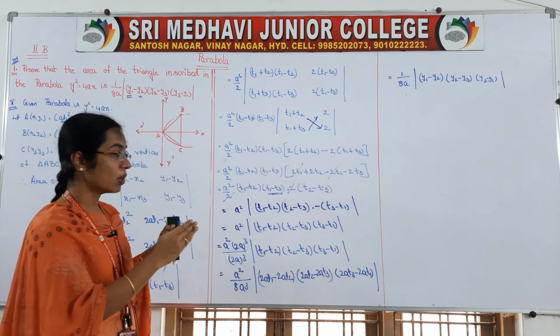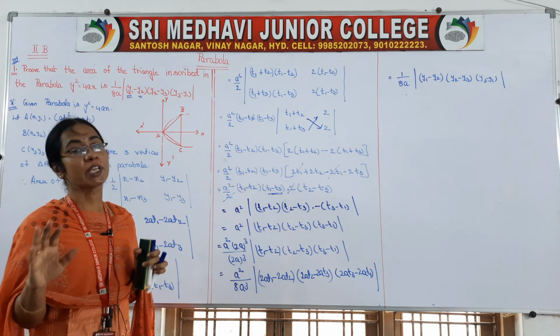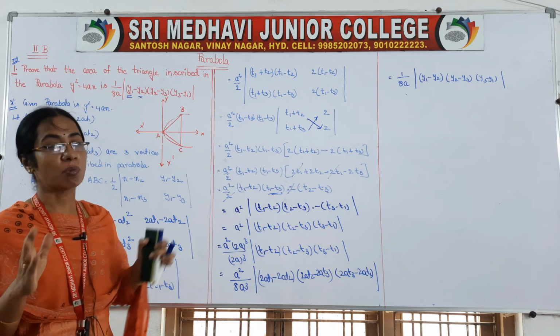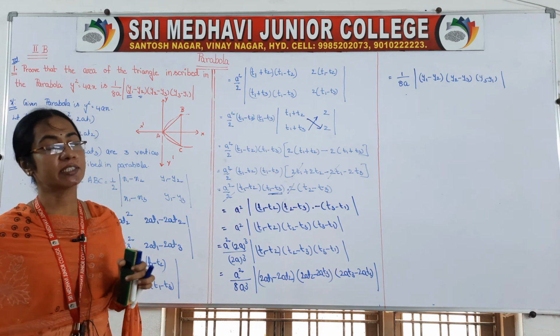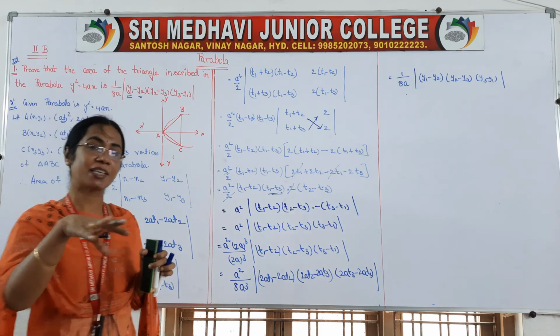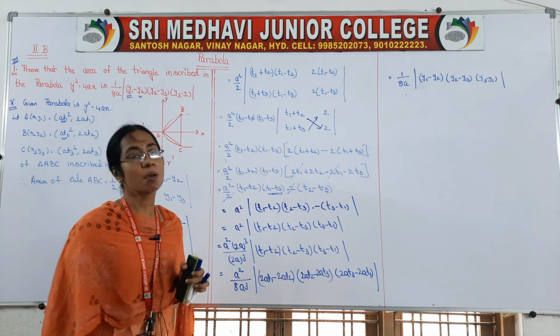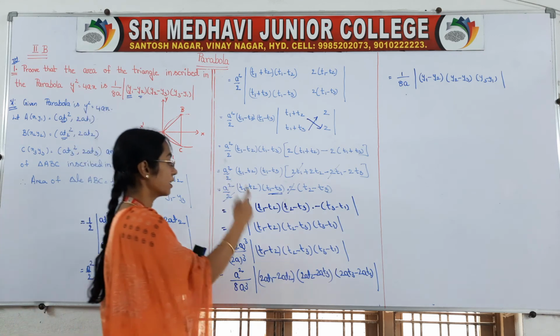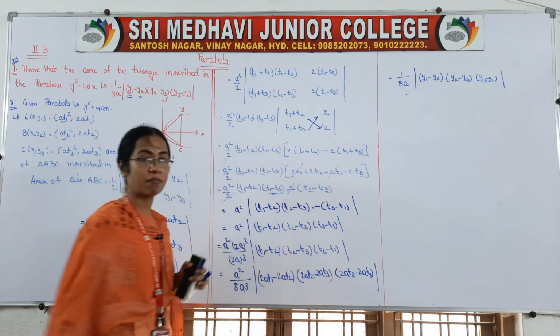In the modulus, suppose a minus sign is there, what happens? It becomes positive, right? Already I said to you, modulus is a positive machine. If we keep anything inside, it becomes positive. That means if a negative value is there, it also becomes positive. So then t1 minus t2, t2 minus t3, t3 minus t1.